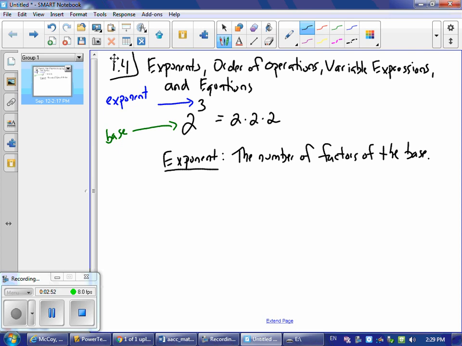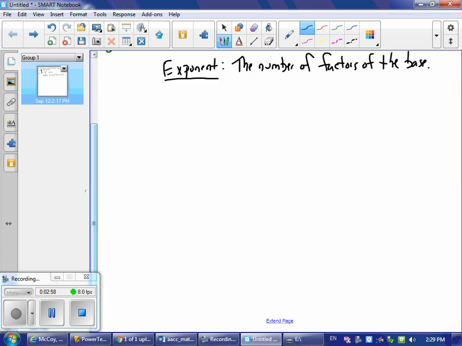A couple of different things. If you just have a number, we don't usually say to the first power, but technically that's what it would be. So if I just had 2, it's just read 2. You could also say 2 to the first power, because technically 2 is 2 one time.